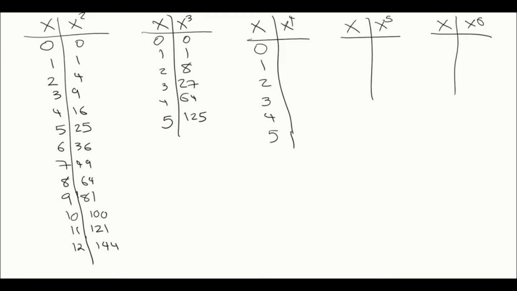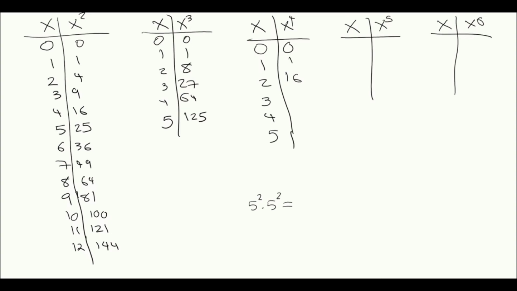It's good to know. 0 to the 4 is 0, 1 to the power of 4 is 1, 2 to the power of 4 is 16, 5 to the 4, think about it, that's like 5 squared times 5 squared, right? So 25 times 25, well, I'm getting ahead of myself.